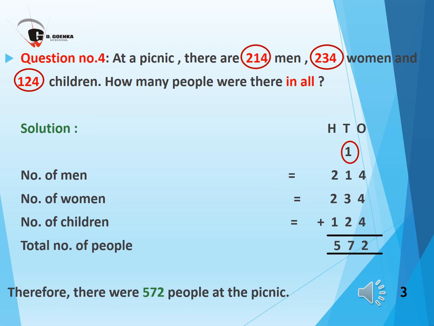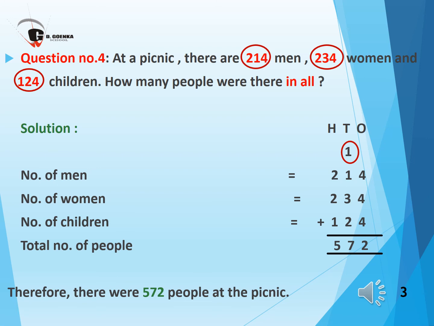Now what we'll do first, we read the question twice. Now we will circle the numbers given. That is 214, 234 and 124. Now let's start solving it. So first statement is number of men, which is 214.